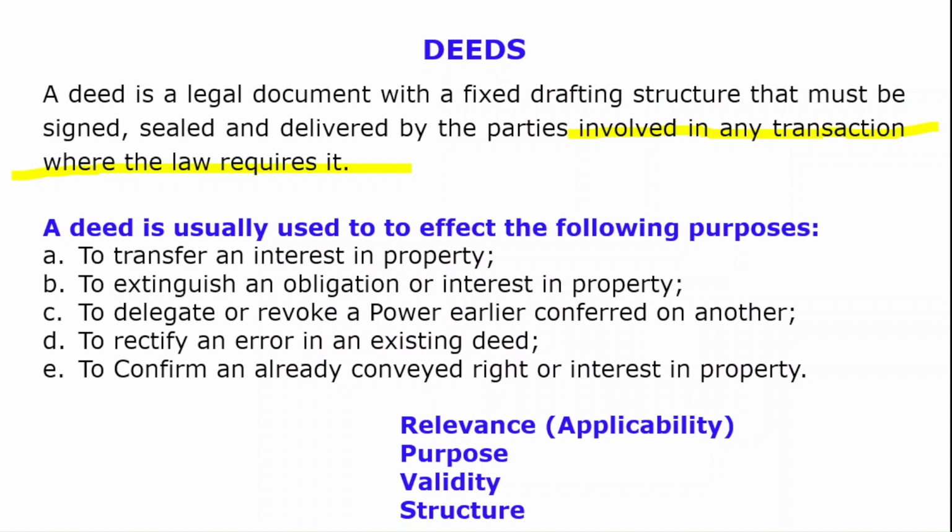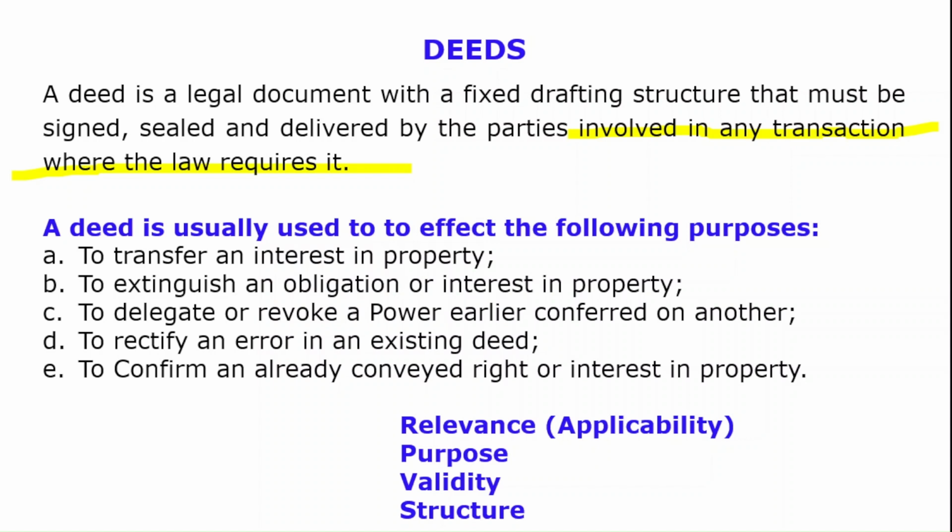The legal instrument he must use to transfer that legal interest to the mortgagee is a deed of legal mortgage. So a deed of legal mortgage will serve the purpose of transferring that interest in property to the mortgagee. A deed of assignment will serve that purpose of transferring that interest in land to the assignee.